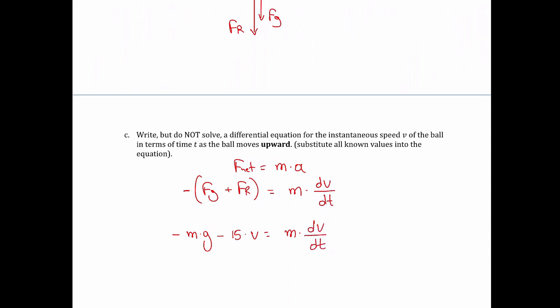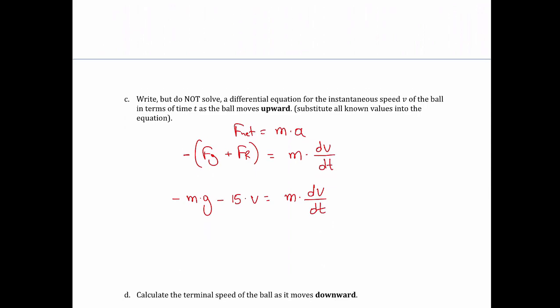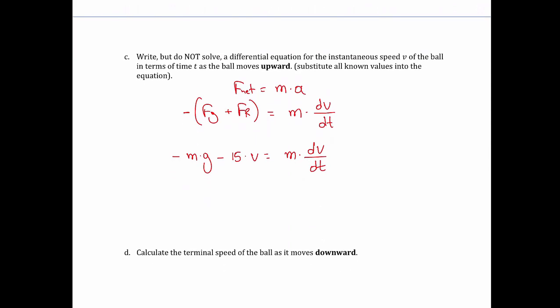This is a differential equation that has the derivative of the velocity. Now, although the question clearly says do not solve this, we can at least show that we have a clue about how to solve this, which is basically we will need to try to separate the variables. Here we have two variables, the velocity that appears on the right side of the equation in the differential, and the time.